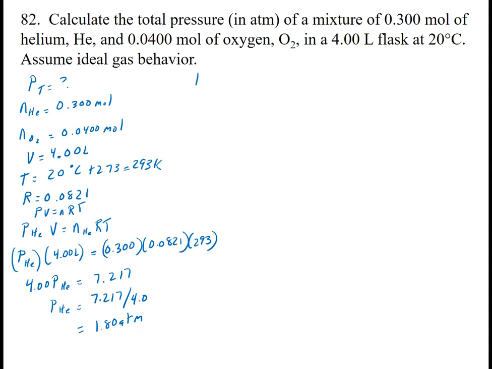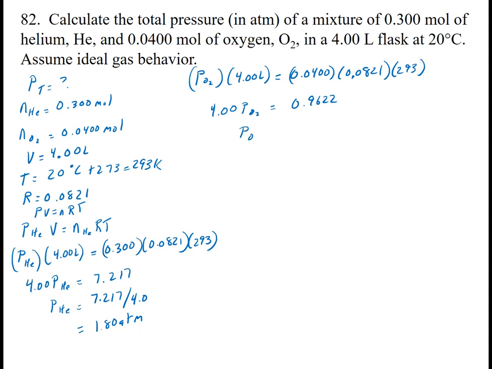I'm going to do the same thing for oxygen. I have my pressure of oxygen times the volume of 4.0 liters. The n of oxygen is 0.04 moles, and R is 0.0821, and my temperature is still 293 K. So again, this gives me 4.0 PO2. This time the right side multiplies out to be 0.9622.